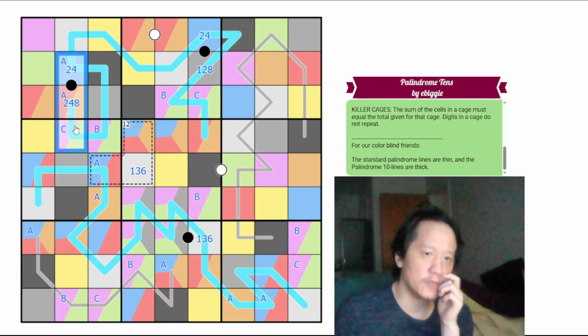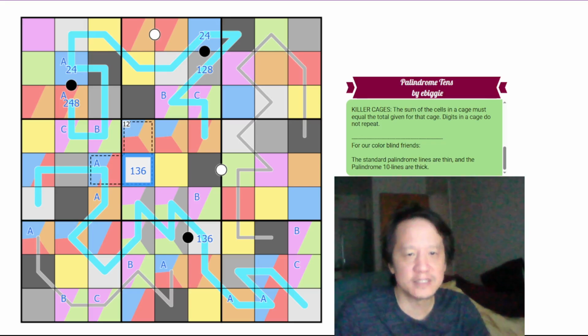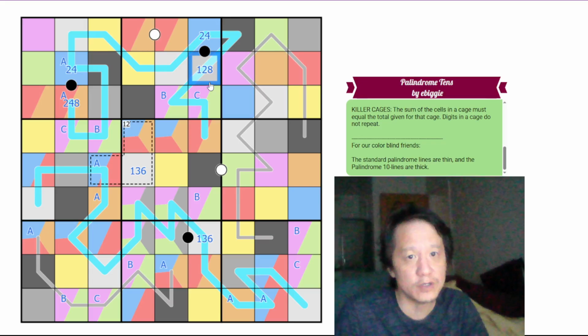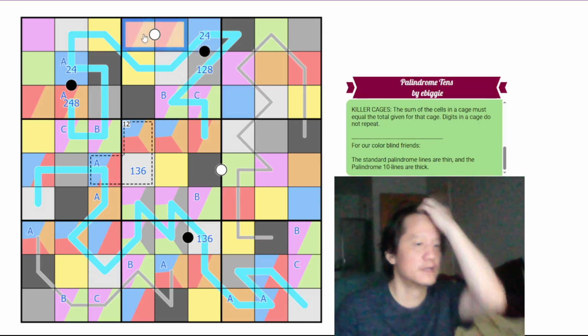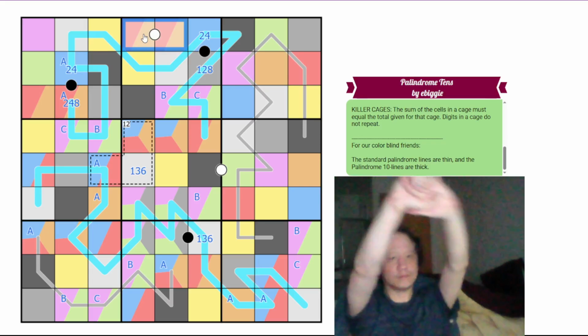These are all even digits. To add up to an even digit, this also must be an even digit. So this has to be 6, because we know guaranteed... Well, that's not true. Actually, this is 1. Well, this could be odd. Okay, never mind.